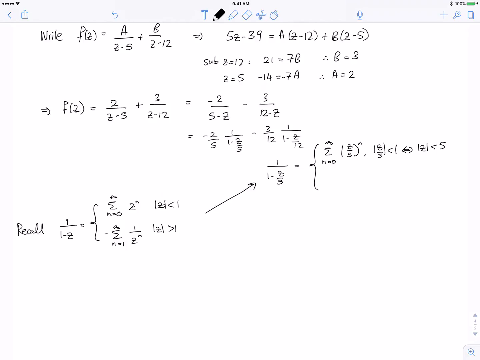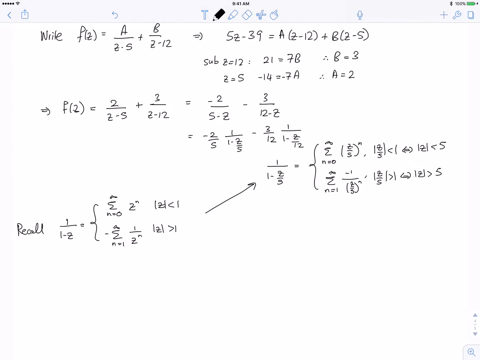And the bottom half will become the sum from n equals 1 to infinity of negative 1 on z on 5 to the power of n, if modulus of z on 5 is greater than 1, or in other words, modulus of z is greater than 5.